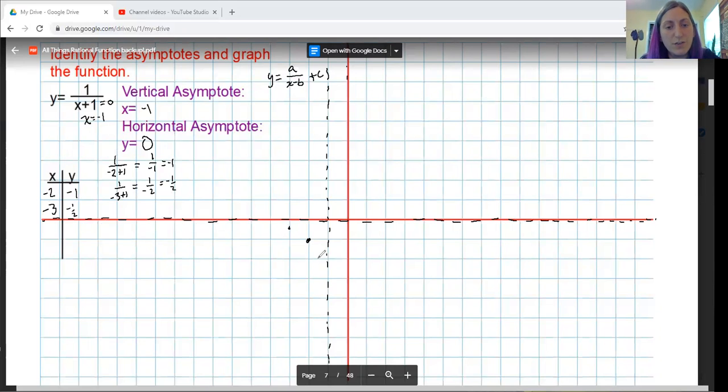Okay. So you know that the curve is going to kind of go down to here, and that's at negative 1.5. So 1 divided by 1/2 would be 2, so negative 2. So now I've got kind of a curve going here. And by the way, you don't ever have to calculate that out if you don't want to. Once you get these 2 points you can mirror it across in a weird way.